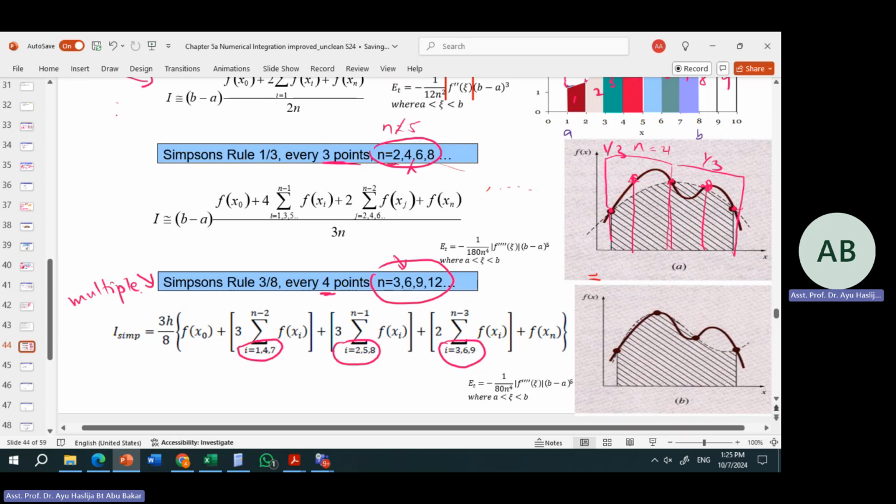This set of data points, you must gather them correctly. Any question so far? So for integration: trapezoid, single and multiple; Simpson 1/3, single and multiple; 3/8, single and multiple.